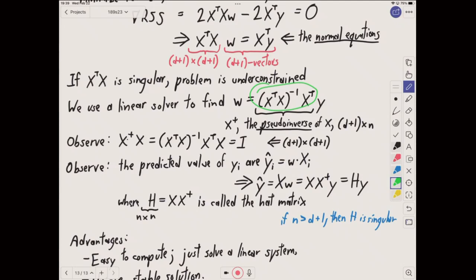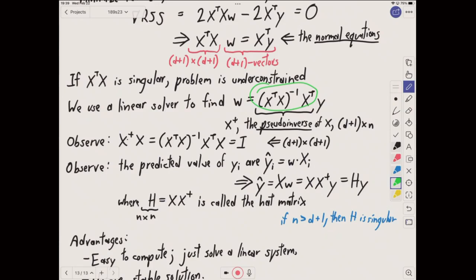When X transpose X is not invertible, a pseudo-inverse still exists, and it's consistent with this definition, but it's not this definition. You have to do something extra. We will need to learn the singular value decomposition first, and then we'll learn what that something extra is. That'll be late in the semester, though. But we will come back to that.